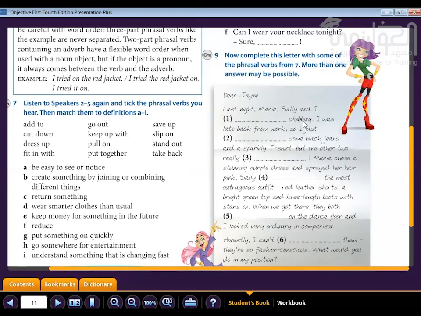We must change the form of the verb go because of last night. The activity we use -ing with, go clubbing. But it's last night, so what will it be? The correct answer will be go out, that is to go out for entertainment. You change go to the past, so it should be went out. So the first answer will be went out.